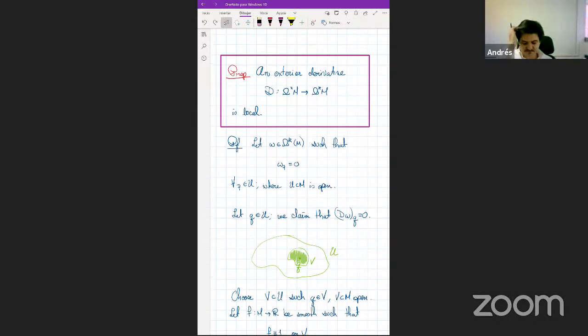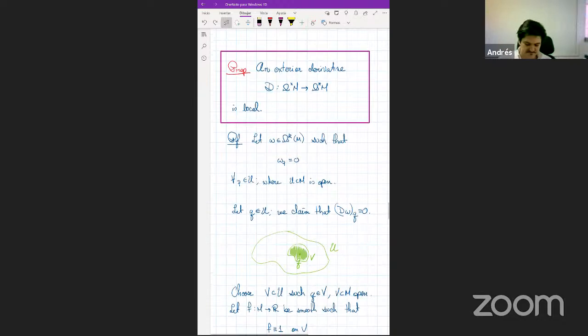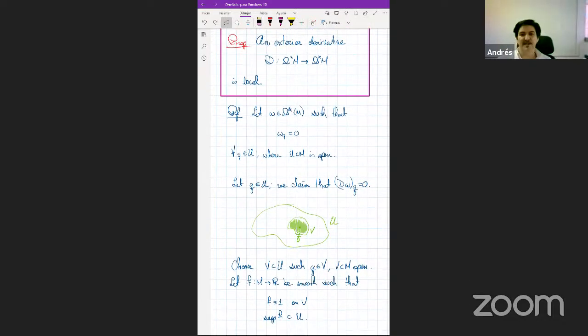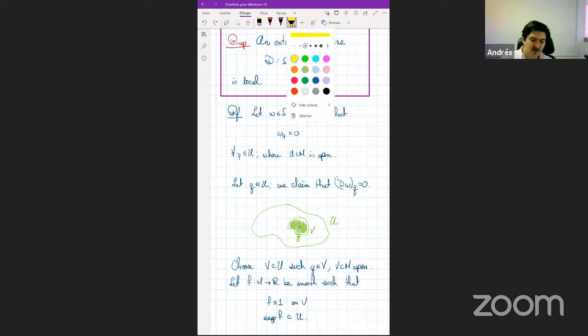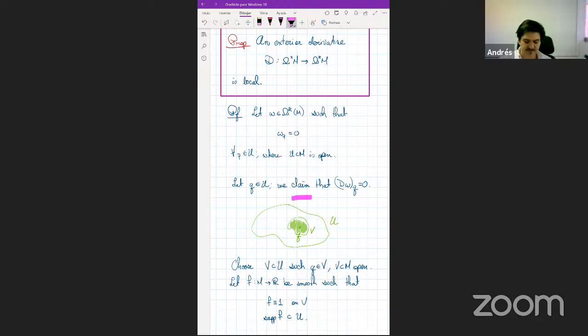Now, let's consider a function that on V equals 1, constant function 1 on V, and then on U, it will start to decrease, and the support of the function is inside of U. That means outside of U, the function is 0.